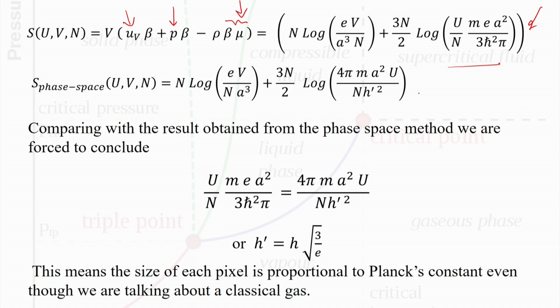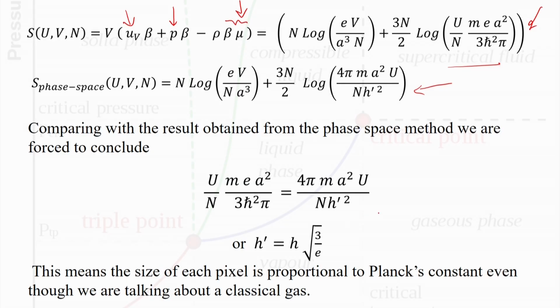Now notice that we have also derived the familiar Sackur-Tetrode formula directly by phase space counting, and we got this expression. Obviously, we want these two expressions to be the same, and when we equate these two, we equate the logarithms here, and that effectively tells you that the area of the pixel that I was talking about is really related to Planck's constant h, the original Planck's constant, not divided by 2 pi.